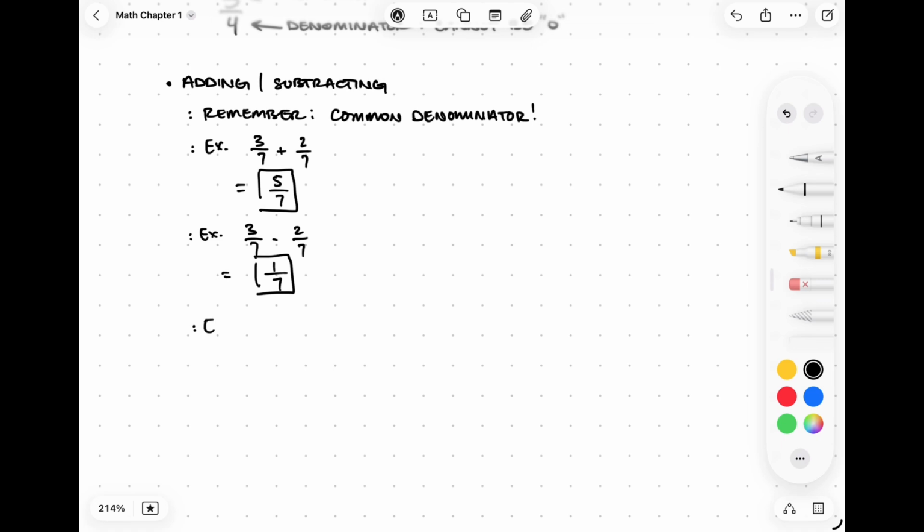Now, another example, where it gets a little bit trickier, is when we have, let's say, 7 over 14 minus, let's do 1 over 4. So in a case like this, what do you do? Well, we come up with a common denominator, which means we're going to make it, for the sake of simplicity here, generally we could do 4 times 14.